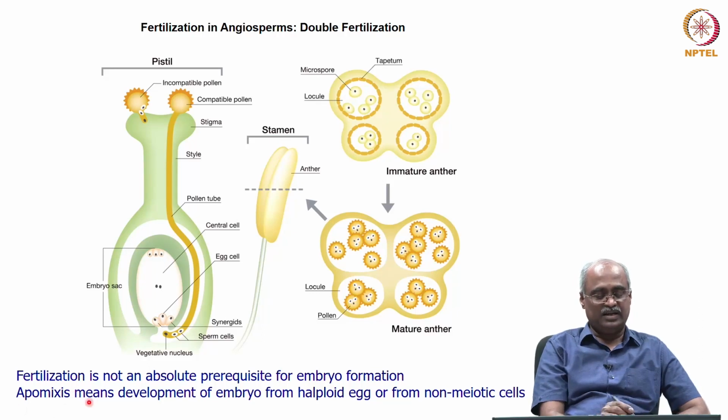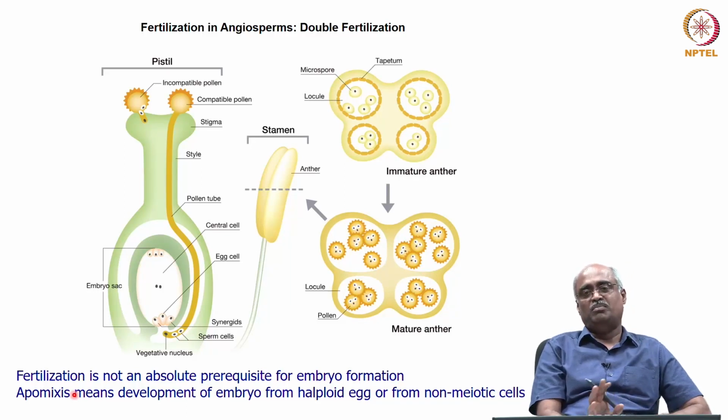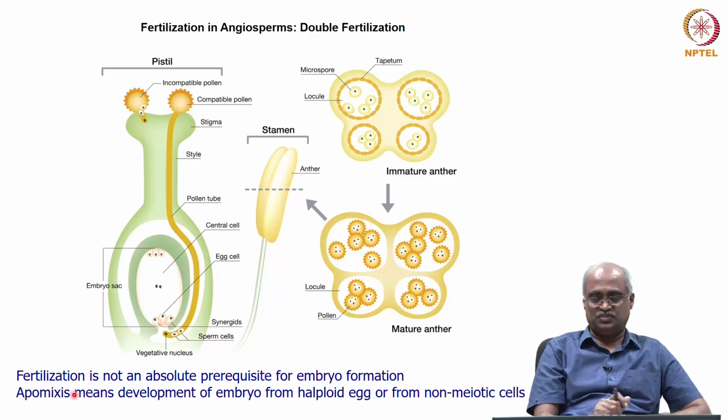That is agriculturally important, and you can read more about it, but from a developmental perspective it is beyond the scope of this introductory course. So, I am not going to get into it. All you need to know is that in plants fertilization is not essential for embryogenesis in all situations, and there are contexts where the haploid cell can actually make an embryo, or even diploid sporophytic cells can also make an embryo. So, the ploidy does not seem to be a crucial thing for embryogenesis.